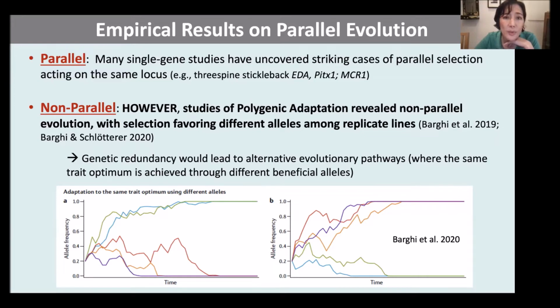However, if we look at quantitative, polygenic traits, studies of polygenic adaptation have actually revealed non-parallel evolution, with selection favoring different alleles among replicate lines. The argument is that genetic redundancy would lead to alternative evolutionary pathways where the same trait optimum would be achieved through selection acting on different beneficial alleles. These are some nice graphs from a review by Barghi et al., showing different alleles under selection during independent evolutionary events.